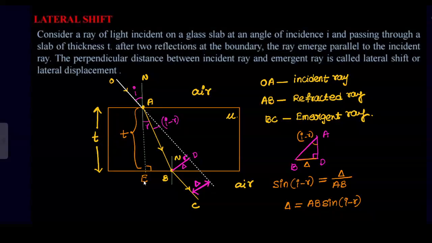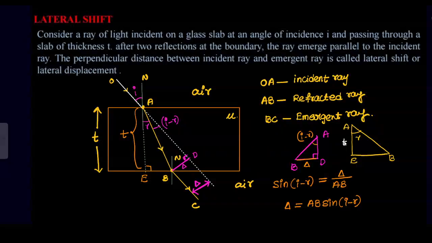From the triangle, can you tell me sin r? No, cos r we will take, isn't it? Here the triangle is like this. This is A and this is E and this point is B. Now this angle is r, right?